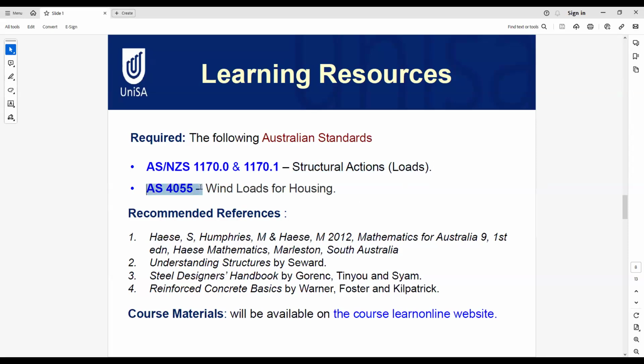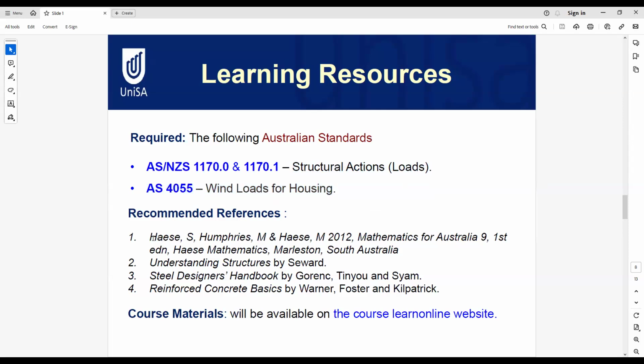The most important one is AS 4055, which is the wind load for housing. We will be using this standard to calculate and determine the wind speeds, wind loads, and wind pressures on the building.